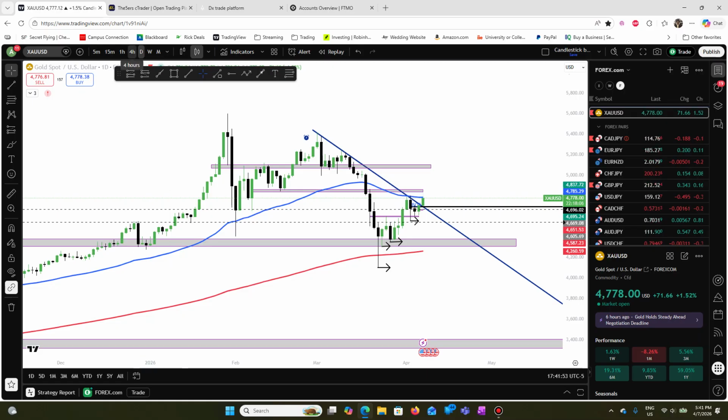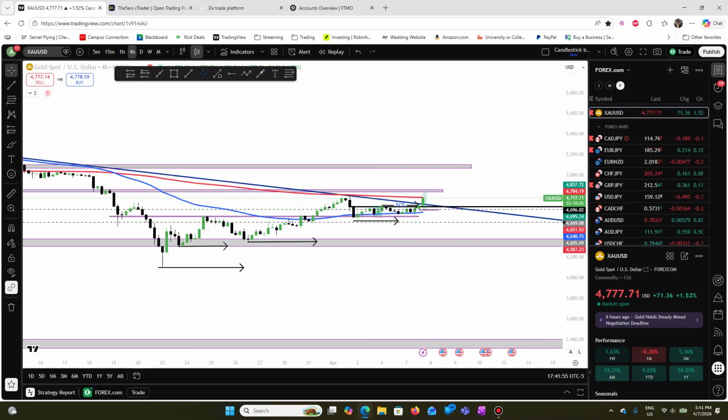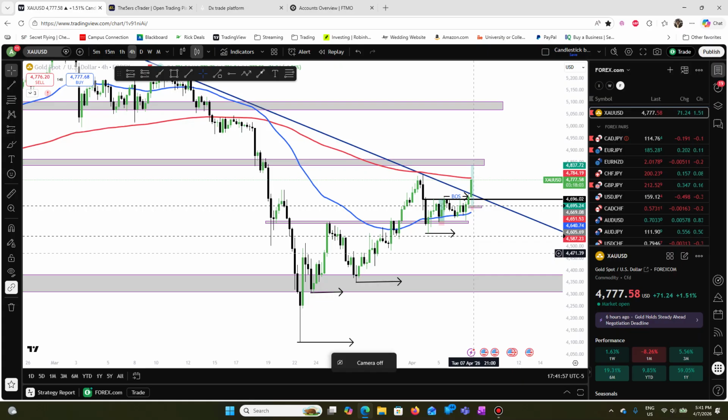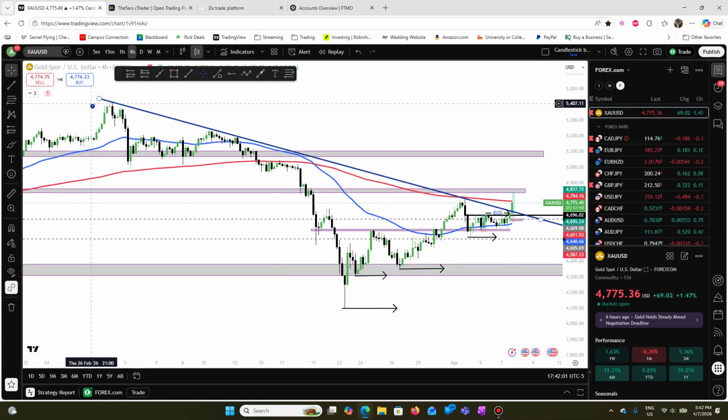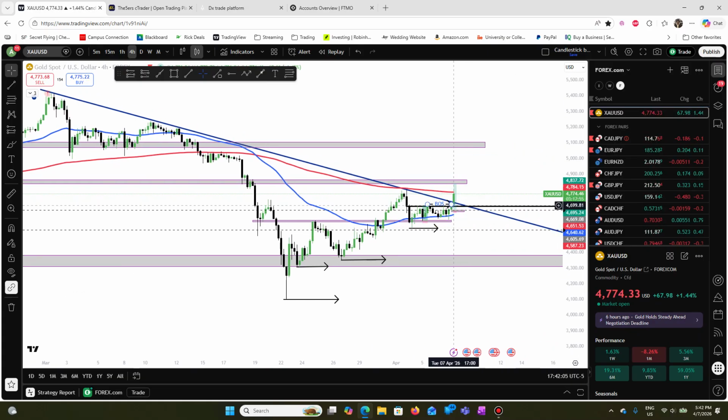And if we go now to the 4 hours where we can see it properly, we've had one, two, three, and on the fourth time of touching, it just breaks it. And that's good. Now, in the 1 hour time frame, you can see the lower highs that we've been making: higher high, higher high, higher high, lower high, lower high, lower high, lower high, which I tried to mark to give me a sense of the market's direction.